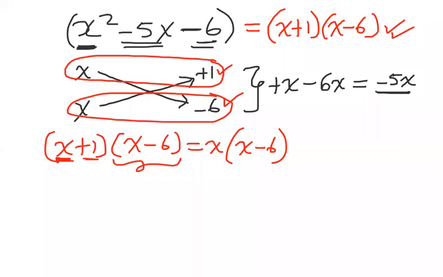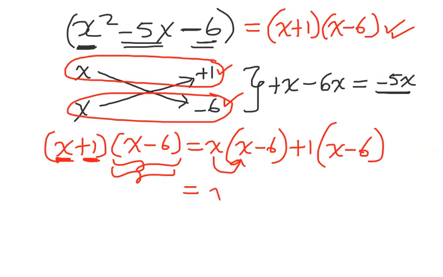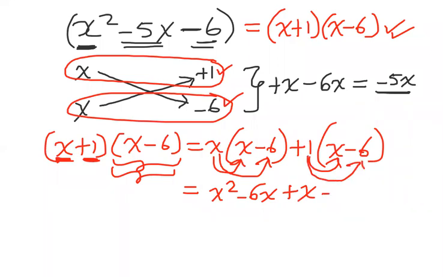Then I'll take the next number, plus 1, and multiply it with the same expression, x minus 6. Now, x times x is x squared. Then x times minus 6 is minus 6x, plus 1 times x is positive x, and then 1 times minus 6 gives you minus 6.